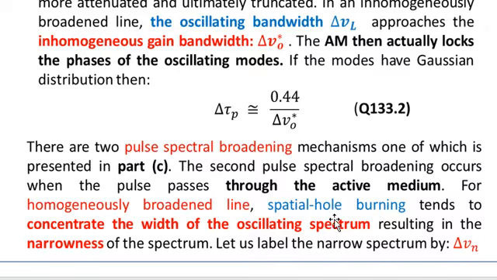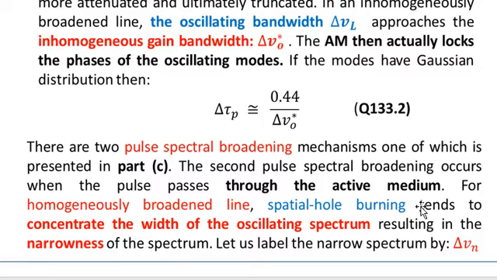I have also discussed spatial hole burning when I presented the homogeneously broadened line in some of the previous slides. For a homogeneously broadened line, spatial hole burning tends to concentrate the width of the oscillating spectrum, so the oscillating spectrum will concentrate, resulting in the narrowness of the spectrum.